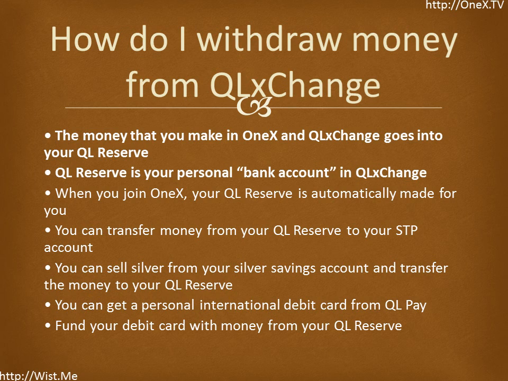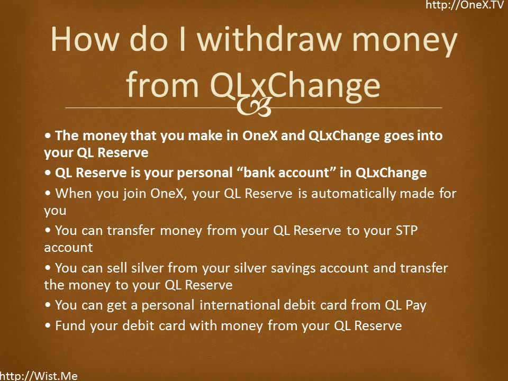Now, you have seen the type of money that you can make in QLxChange. All this money will go into your QL reserve, and you should see your QL reserve as a bank account. Alright, so all your money that you receive in QLxChange will go into your bank account, your QL reserve bank account.